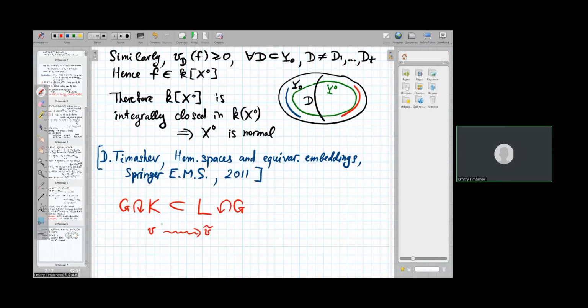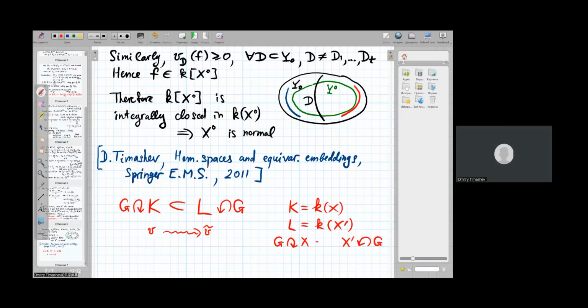But you have to be careful because these actions of G on K and L should come from actions on algebraic varieties. So this K should be the function field of an algebraic variety, say X. And this L should be a function field of another algebraic variety, X prime, such that G acts on both X and X prime. Well, for arbitrary G, K, L, this theorem is not true.